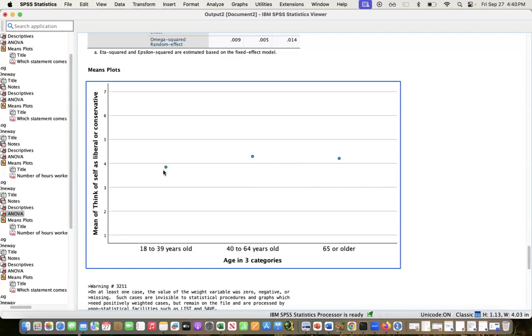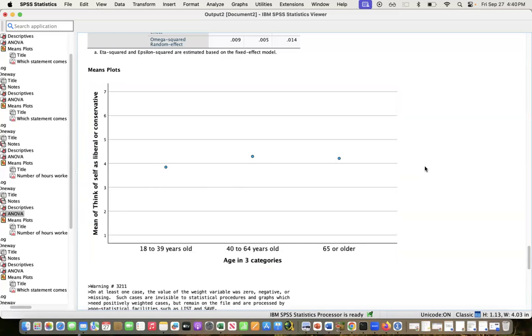Maybe it's not about age and it's about generation, like when you were born, right? And so maybe folks that are 18 to 39 years old had formative years during things that made them more liberal, and older folks were born into times that made them more conservative. And so it wasn't actually that these folks, when they get older, will still be more liberal. And these folks, when they were younger, might have still been more conservative, right?